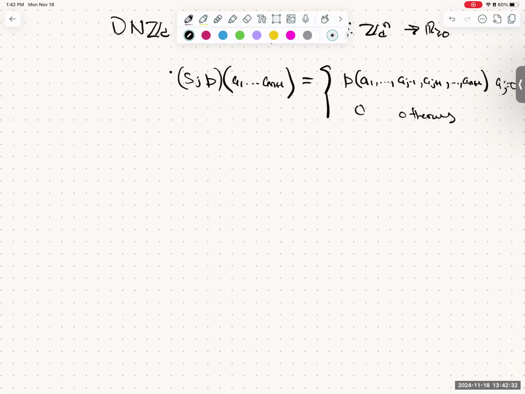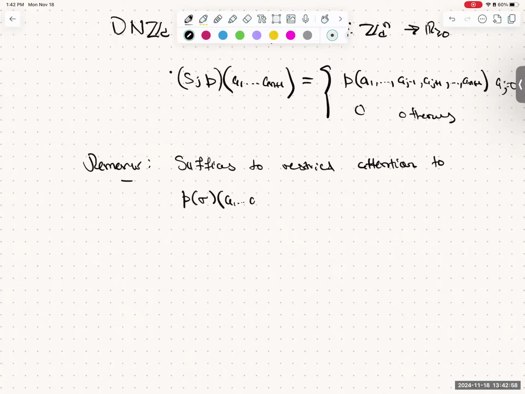Maybe just say it as a remark: it suffices to pay attention to P sigma of A, where sigma is generating.